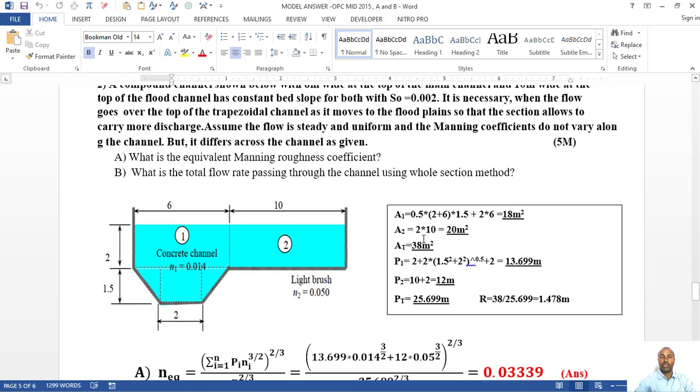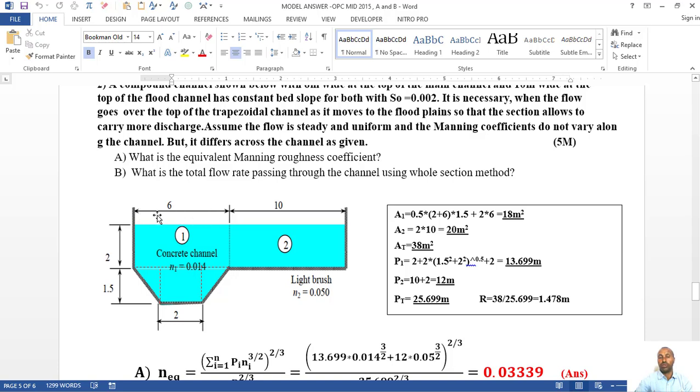You simply calculate A1 first for this one. You have to compute 0.5 times 2 plus 6, which is 8. Then finally, you have 1.5, which is the slope, b plus m times y, which is 1.5 here. This is 1.5, then you can compute. If this is 2, then you have to subtract from 6.